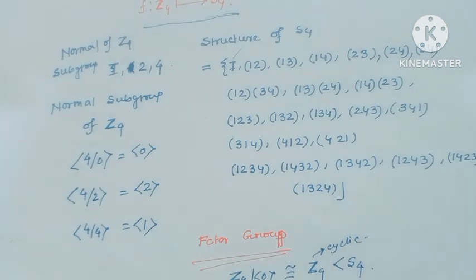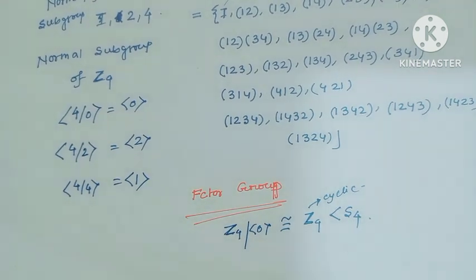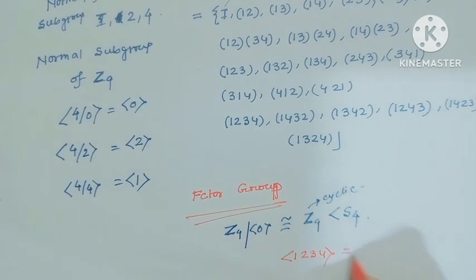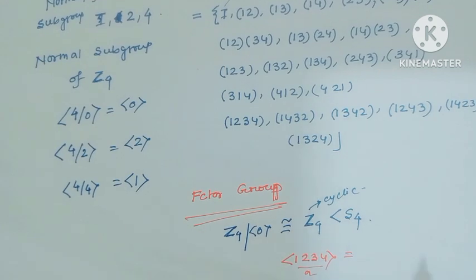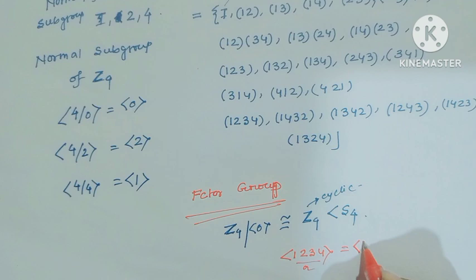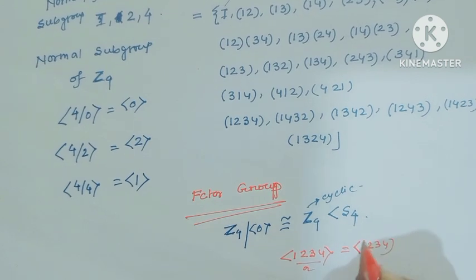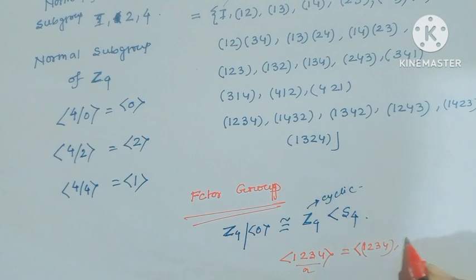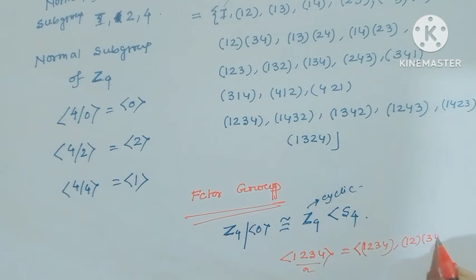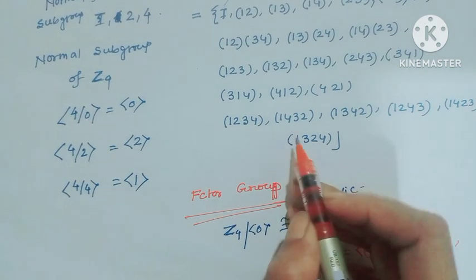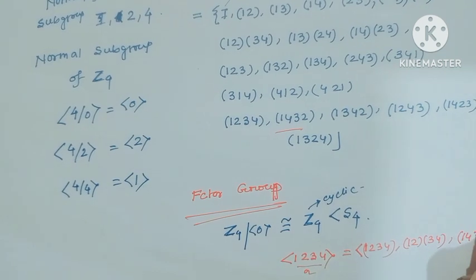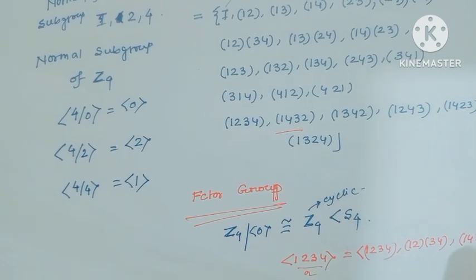How? One subgroup would be generated by (1 2 3 4). If we consider a square, a cube, this would be (1 2 3 4) first, then squared, this would be (1 3)(2 4) type, and then the cube would be (1 4 3 2), then identity.